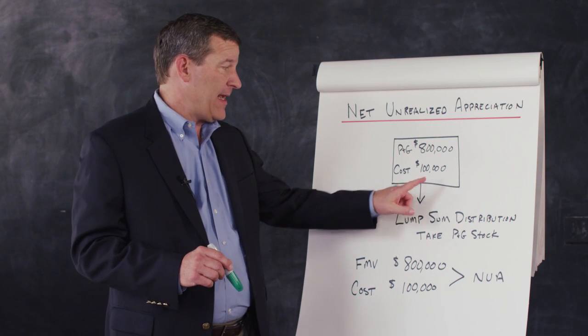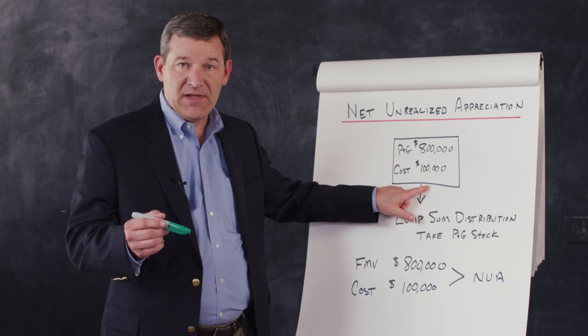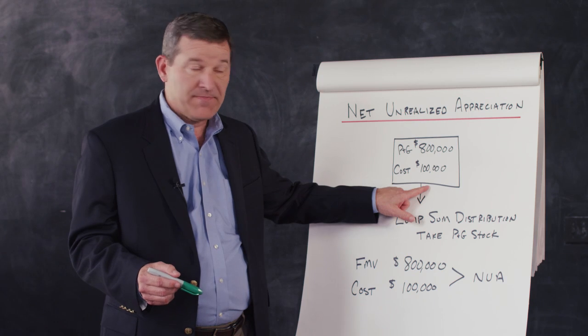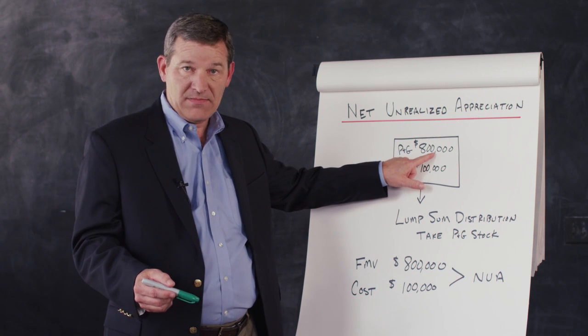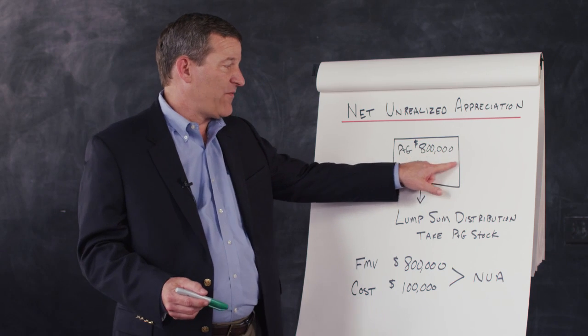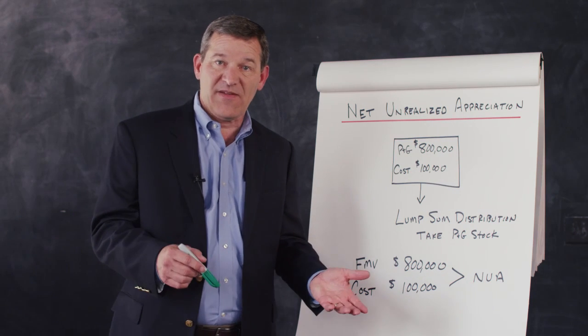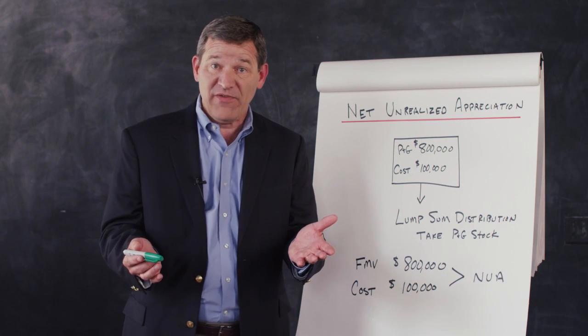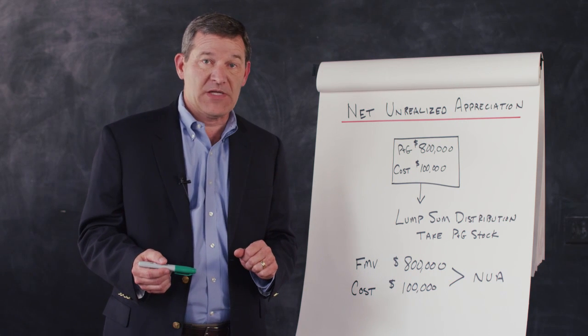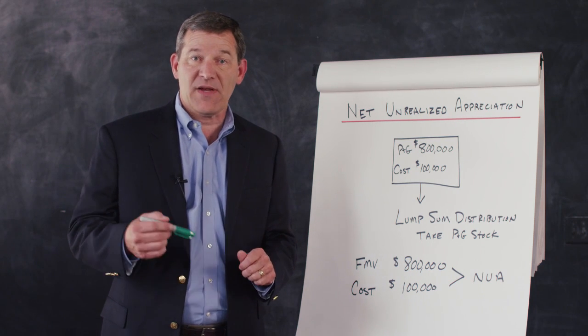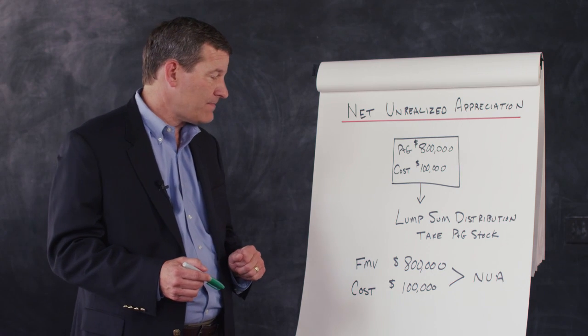First off, you have to have a defined contribution plan. Second, it has to have your own company stock in it. Third, the difference between the cost basis and the fair market value needs to be significant. And fourth, you have to do a lump sum distribution to take advantage of the NUA method.